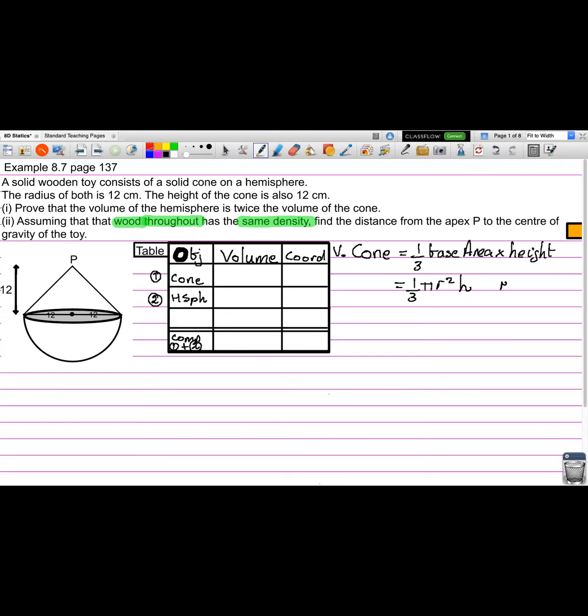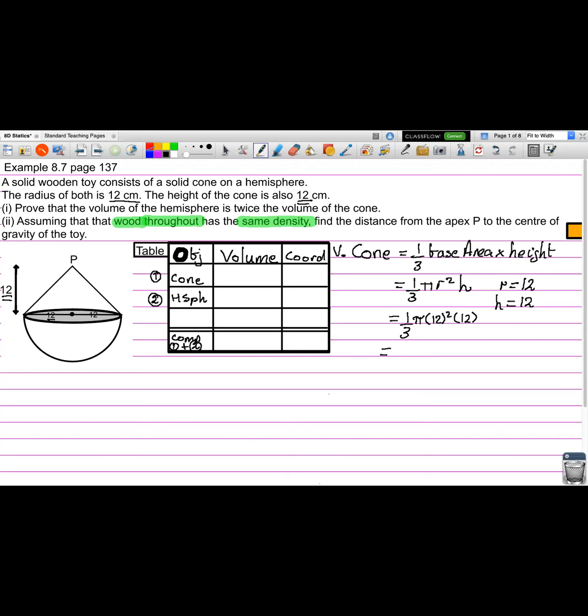From the question itself, we know that r for the cone is equal to 12, and we were told that also in the question. From the picture, we know that the height of the cone is 12, and again we were told that from the question itself. So all we've got to do now is sub that in. So we've got 1/3 pi, r which is 12 squared, times 12.